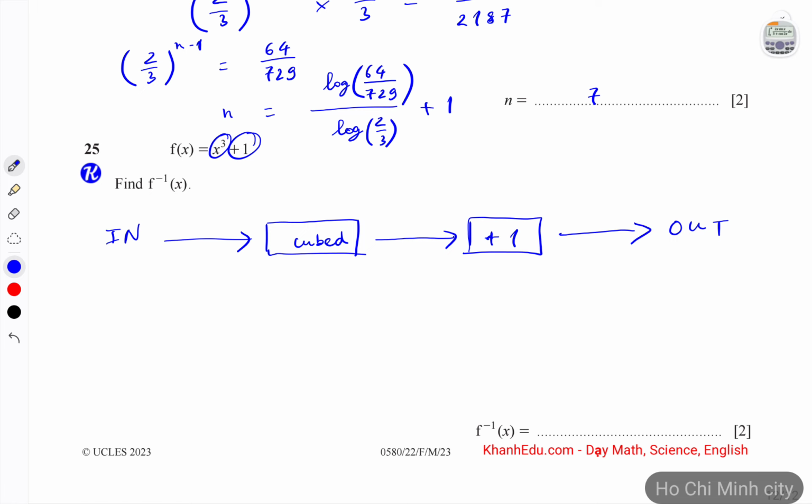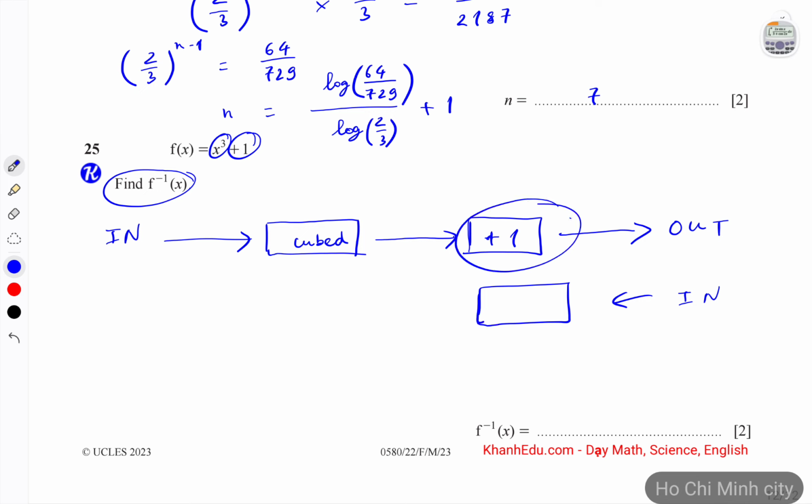So now we have to find the inverse function. Inverse means opposite. So we will go from right to left. All right, so this one is the input. Then we have plus 1, and the inverse of plus 1 is minus 1.